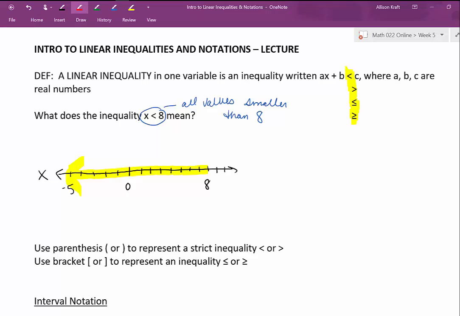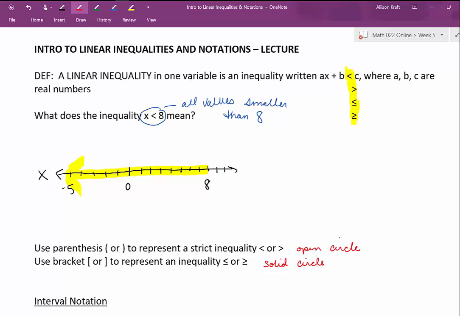When I first learned this in high school, when it was a strict inequality, we used an open circle. And when it was or equal to, we used a filled in, solid circle. So it's the same idea, but we're making a change in notation.